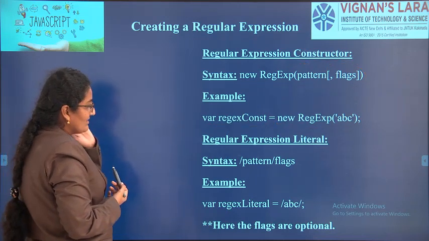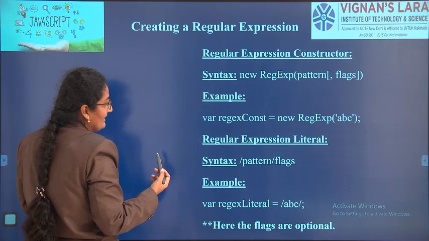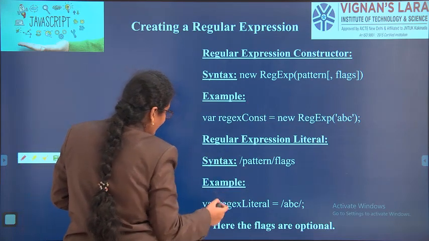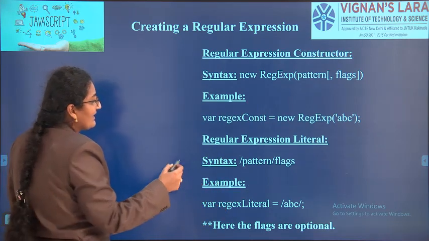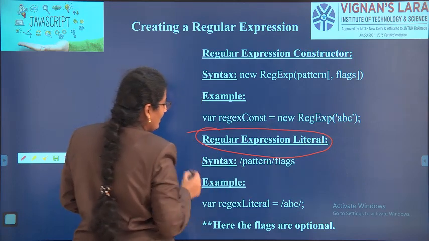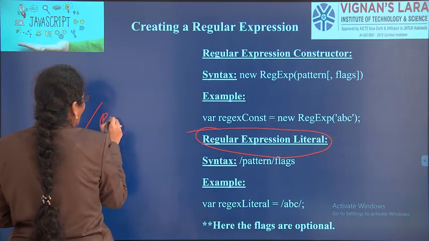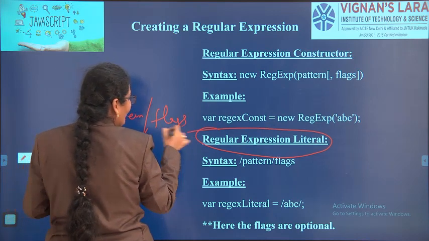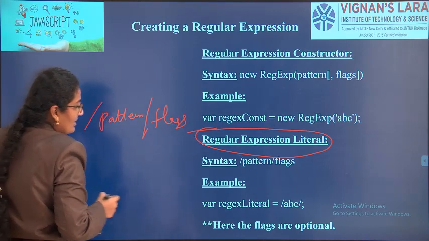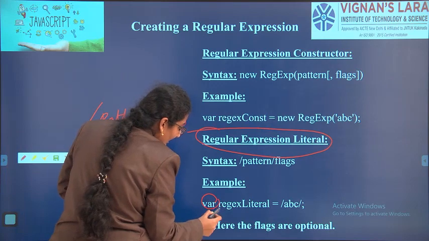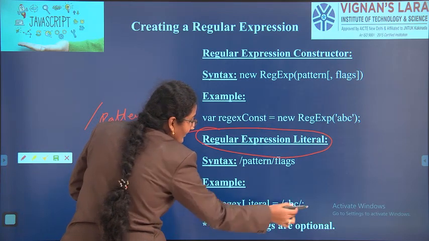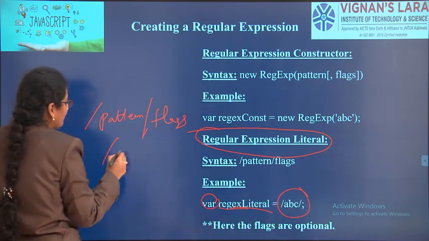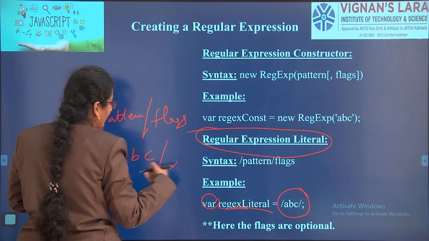Using forward slash, the regular expression literal. The syntax is forward slash, pattern, forward slash, flags. You will learn what these flags do in the next class. For example, variable regex literal equal to forward slash ABC forward slash.